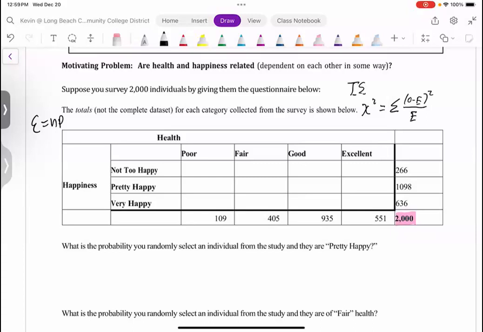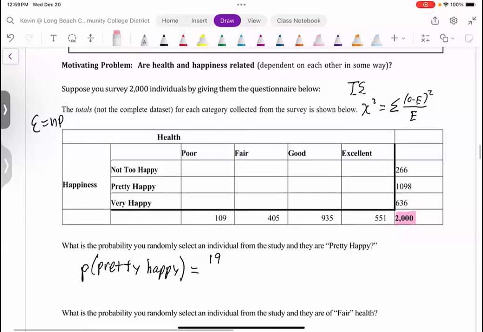So I'm going to start with the probability that you randomly select an individual from the study and they are pretty happy. So that's 1098 out of the 2,000.